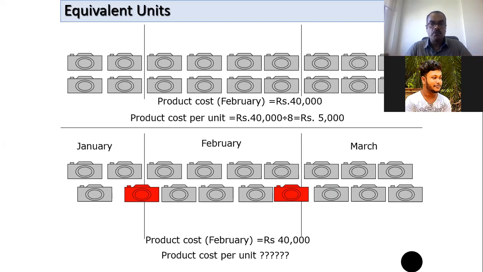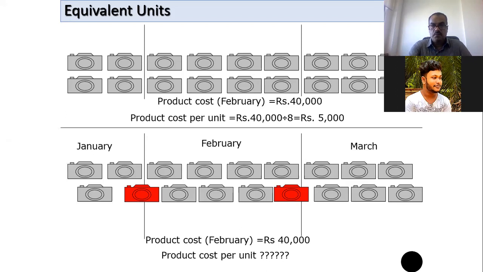In the month of February, there are 8 units. So there is no work in progress, only complete units. Therefore, whatever materials consumed, labor utilized, overheads incurred can be divided by this 8 to ascertain the unit cost. So total product cost in February, as an example, is 40,000 divided by 8.